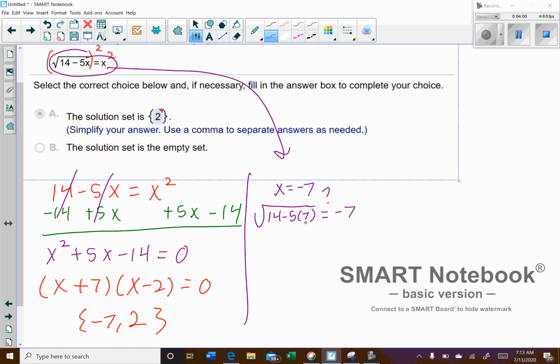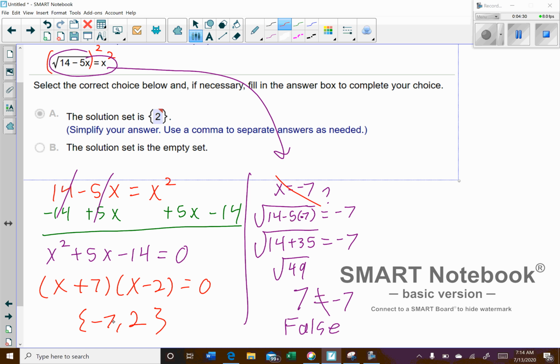So we get the square root of 14, then this turns into a plus 35 because of the minus 5 times negative 7. When we add that together, that's the square root of 49. The square root of 49 is 7, and that does not equal negative 7, so that is false. That means negative 7 cannot work.